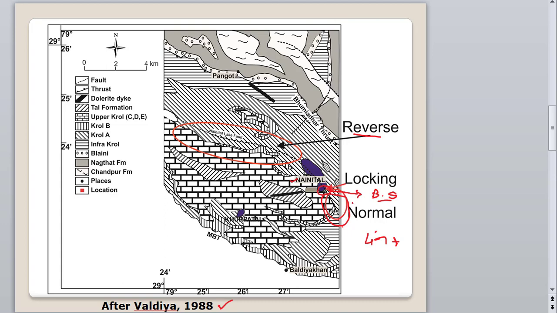Here we'll get some subsidiary normal faults, but comparatively in this portion we'll get subsidiary reverse faults, because this Nainital Lake fault is a big structure, and here we'll get some small reverse type of faults also.